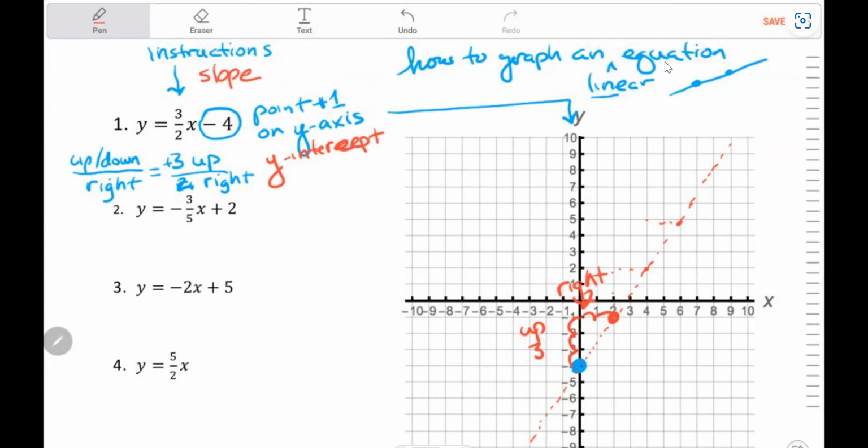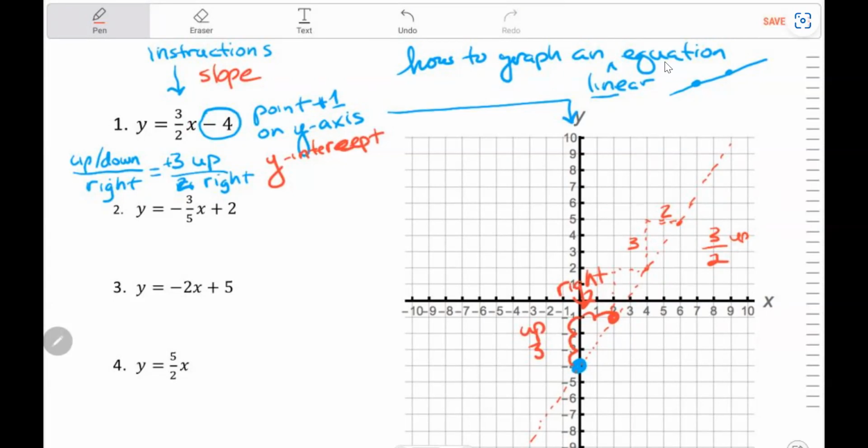So notice that this is the slope of the line. The line has a slope, and the slope looks like that. It has a 3 and a 2, and so our slope is 3/2, right? In this case, we're going up 3 and over 2. That was pretty easy.